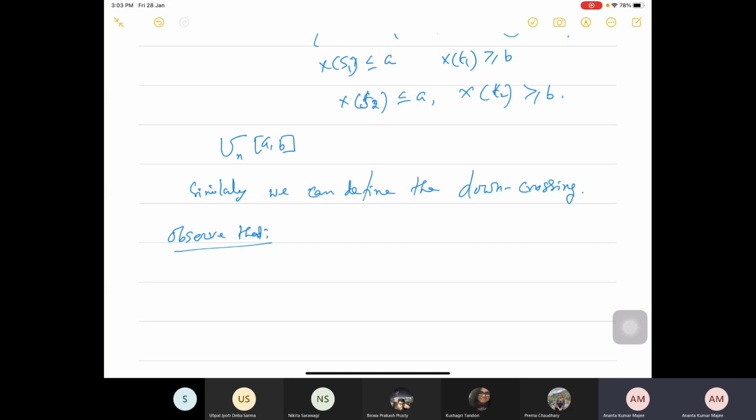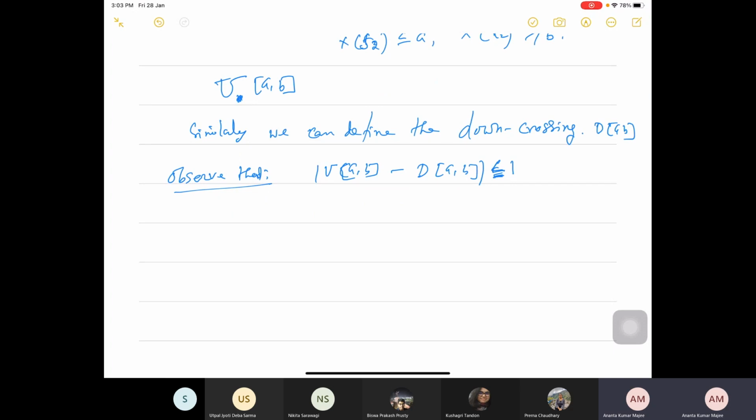So if I denote U_AB as the up crossing and D_AB as the down crossing, what it says is that U_AB minus D_AB differs by at most 1. So this is less than or equal to 1.